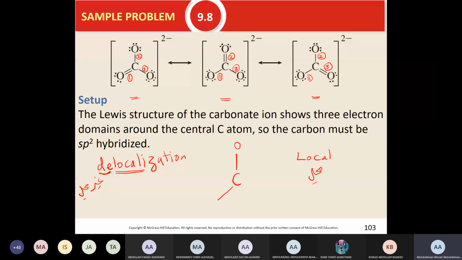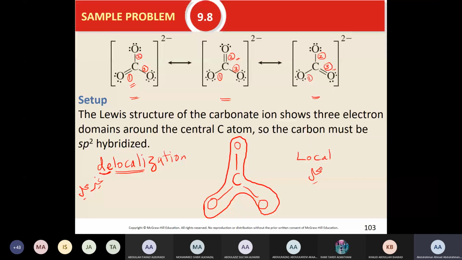We will keep the sigma bond. But the pi bond, where is it? Is it in 1 or 2 or 3? None of them. Where is it actually? It's all over. That's why I draw this bond like this, and it is distributed in the whole molecule.